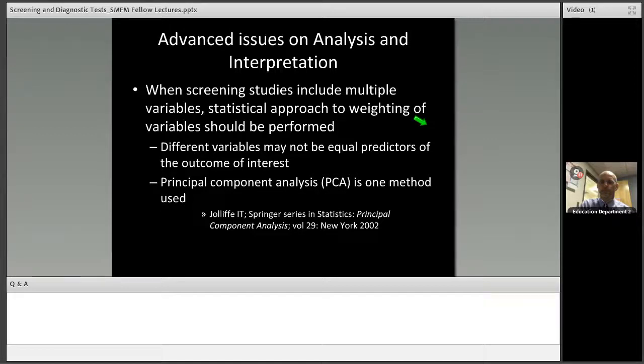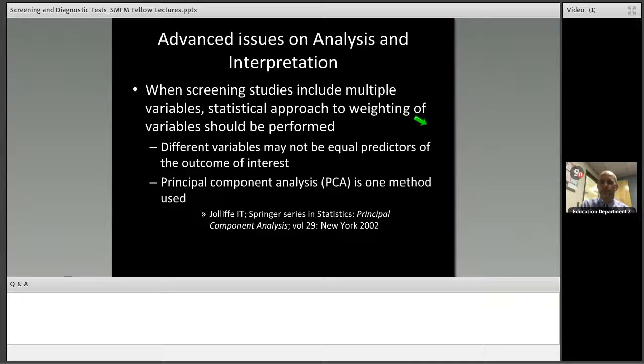So there are statistical methods that you can use to try and weight for different factors. One of the methods that can be used is called principal component analysis, which is a little advanced for this talk. Another method that you can use will also be advanced for this talk, but all of these are statistical methods that you use to try and make it an equal playing field for most of these factors that you're looking at.